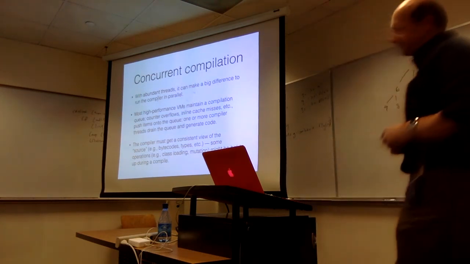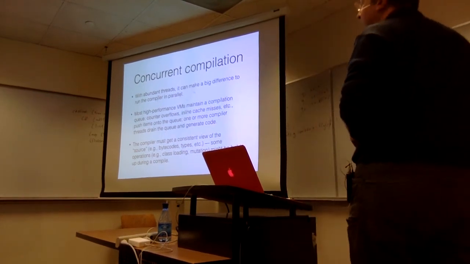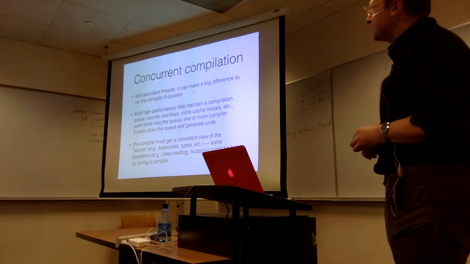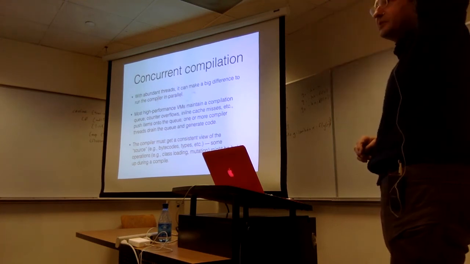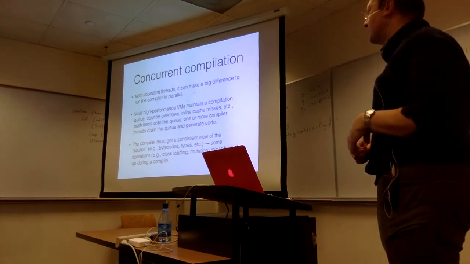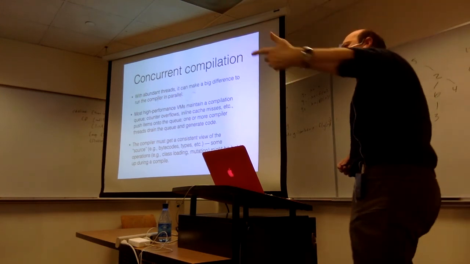The other potential benefit in a concurrent environment is if you've got abundant threads, you can do compiles in parallel. Most high-performance VMs now maintain a queue for compilation, and the mutator threads are running through, tripping counters and invalidating inline caches and stuff, and that generates requests to the compiler.